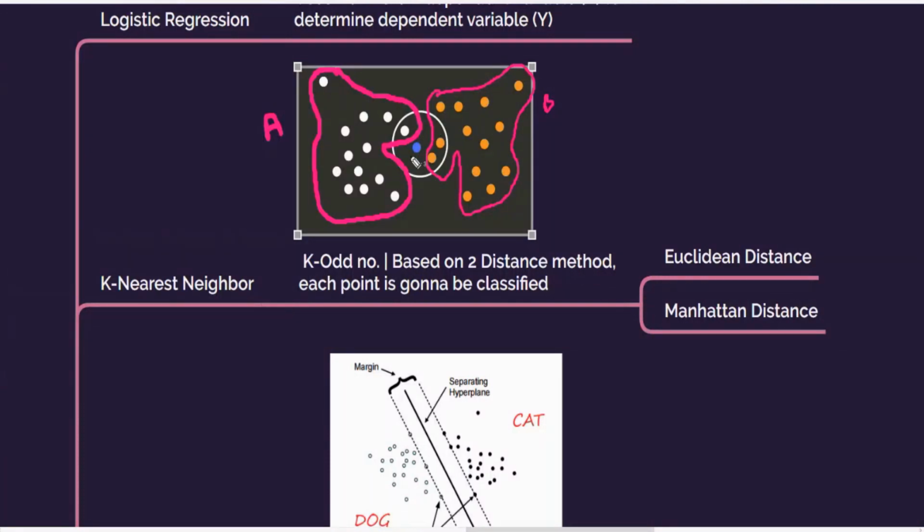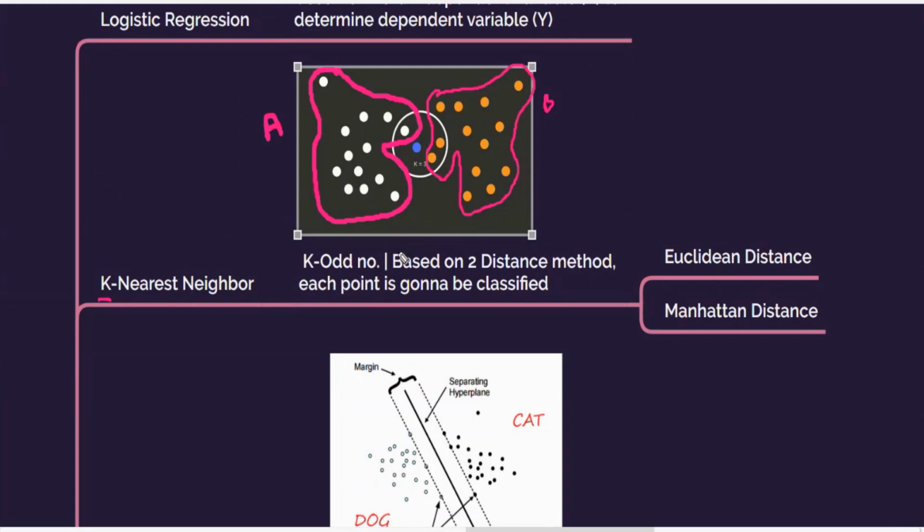That new point is represented with the blue color. Then, as per the name itself, K nearest neighbor, it will try to find the nearest points to the new point. Here K means how many nearest neighbors or nearest points you are going to take.